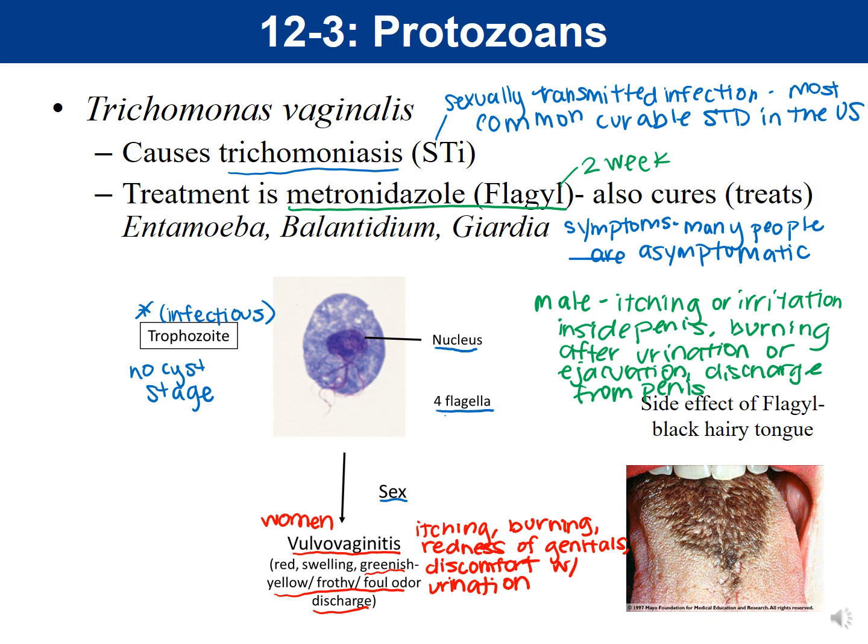Without treatment, the infection can last for months or even years. Again, somebody could potentially be a carrier of this and may not have symptoms, but they actually can transmit it to their partner. Now, another interesting fact about Flagyl, or metronidazole, is that it has what's called an anti-abuse property.